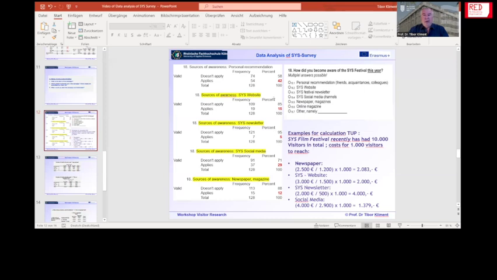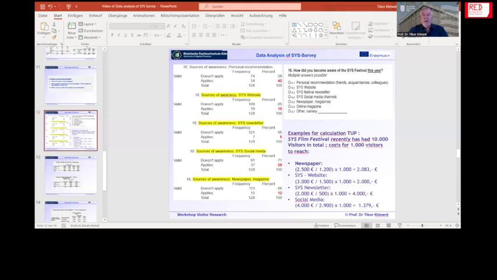Now you can go a second step. You want to know how cost effective the different channels are. And for doing this, I will show you a kind of calculation you can do with these figures. If we look at the right side of the slide, we have some important information.